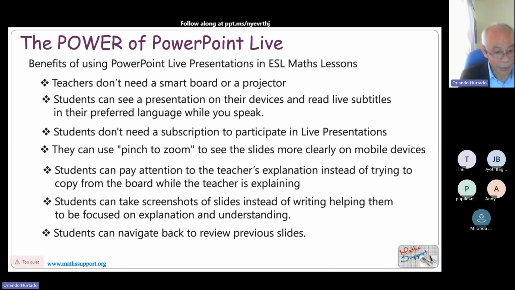So also, the student can navigate back to review previous slides. You can check it now. You can navigate back to the first slide that I showed you. You can slide down, and then you navigate back. Scroll down, and you can go to the first slide of this presentation. The student can do the same.